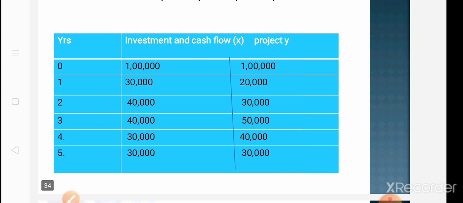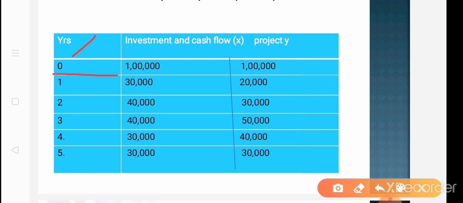Here, in the question given, this is the investment amount, and it's also called the outflow amount. Outflow means we are investing in it. So, there is a cash outflow when we are investing in something.